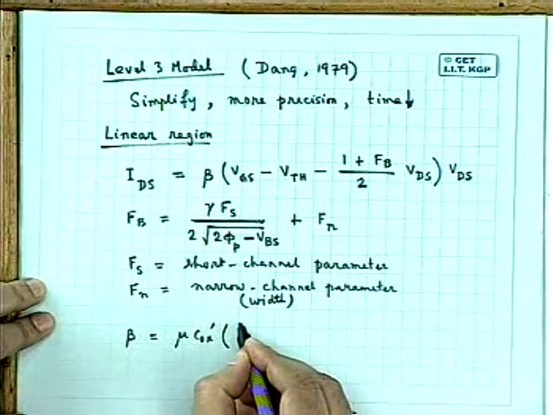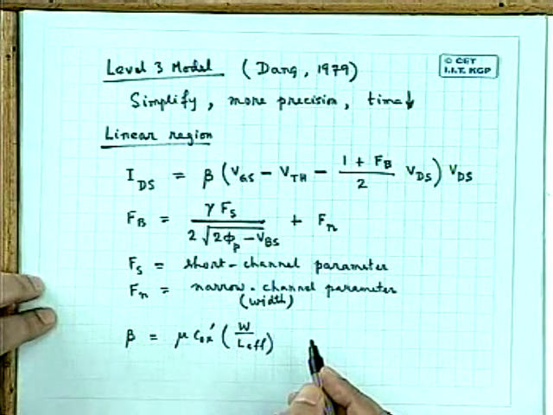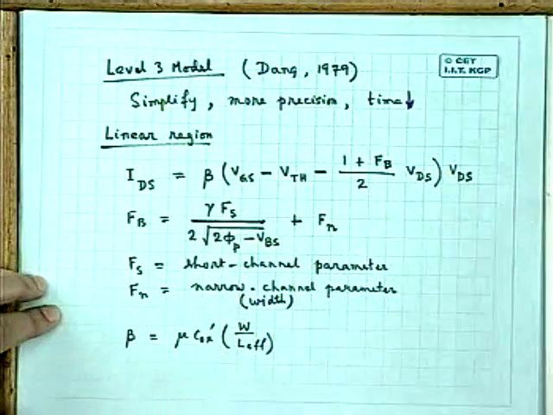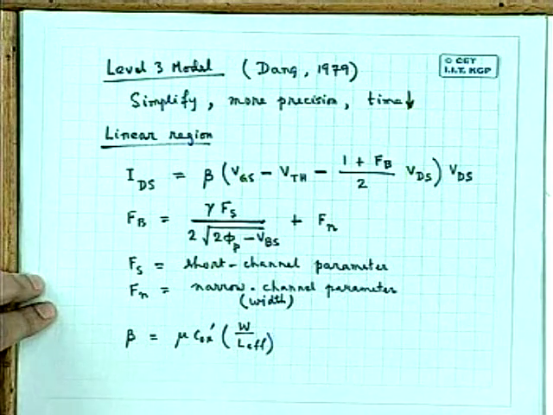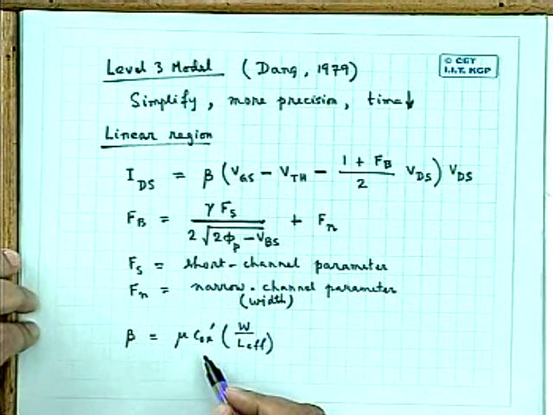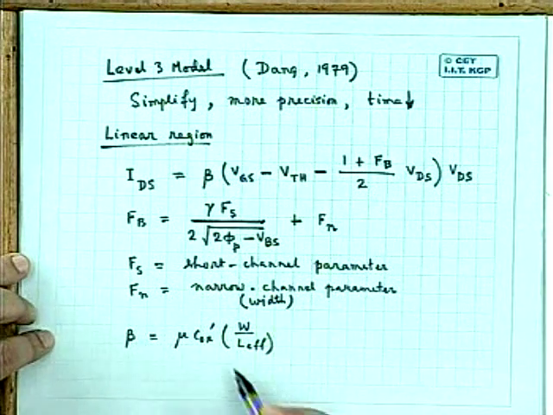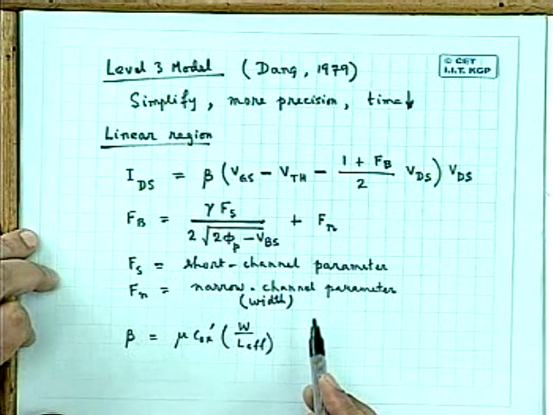It's a standard thing. So beta is equal to mu Cox W by L effective. Mu is the mobility, Cox is the oxide capacitance per unit area, W is the width, and L effective is the effective channel length. And this is the old thing.